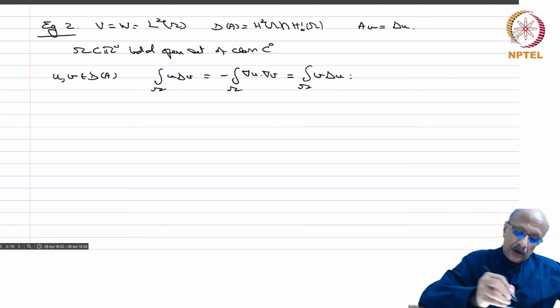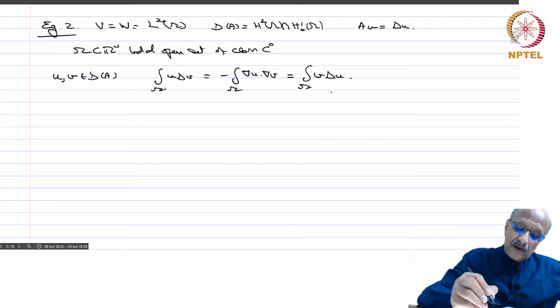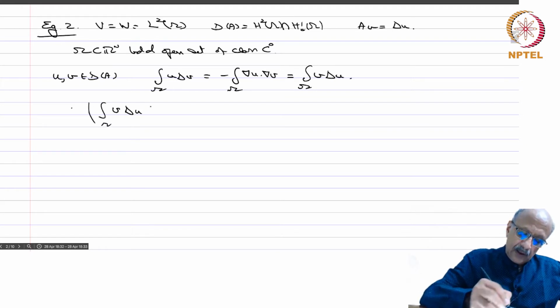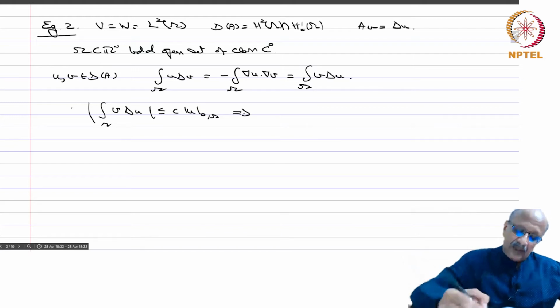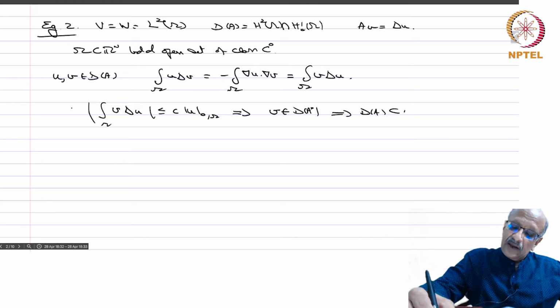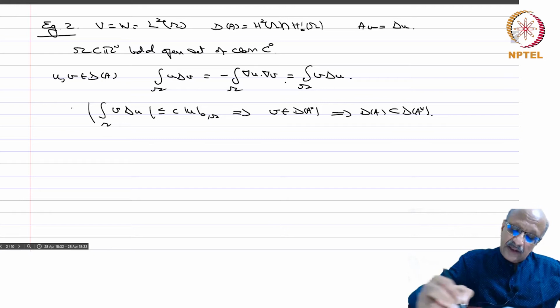Automatically this means that if v is in D(A), then the integral of v delta u is less than or equal to c times the norm of u in L2(omega), from this relationship, and therefore this implies that v belongs to D(A star). So this implies that D(A) is contained in D(A star), and also this symmetric relationship implies that A is also symmetric.